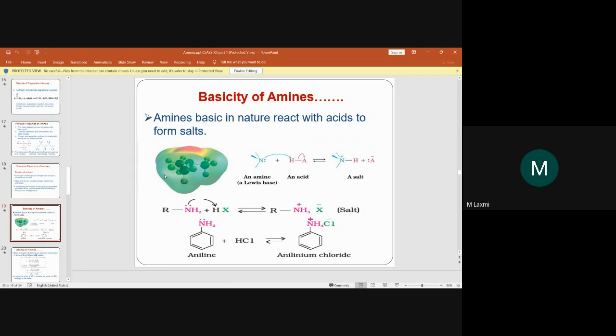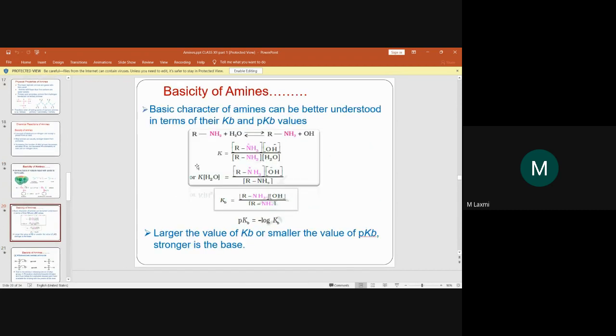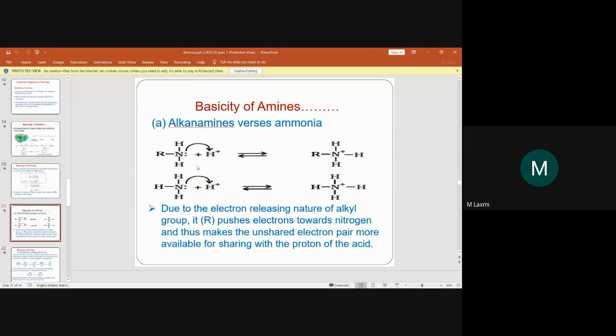Since amines are basic, they react with acid to give you salt. The basic character of amines can be understood by the simple reaction where the Kb value is more, so they are the stronger bases. Here you have an alkyl group, which is an electron releasing group.